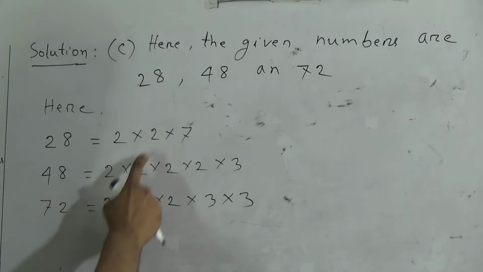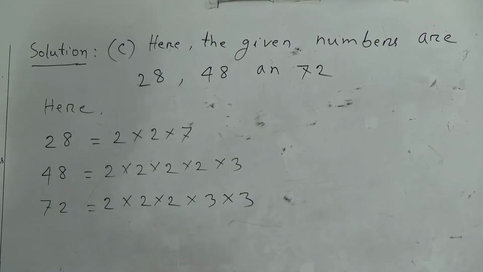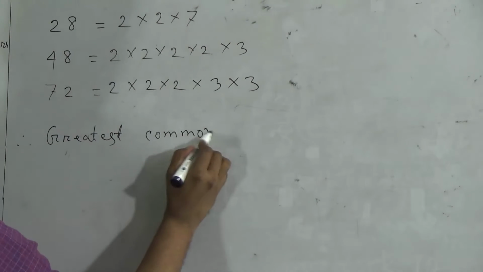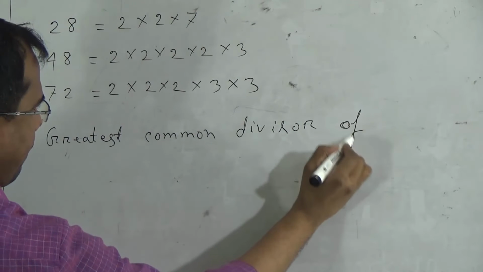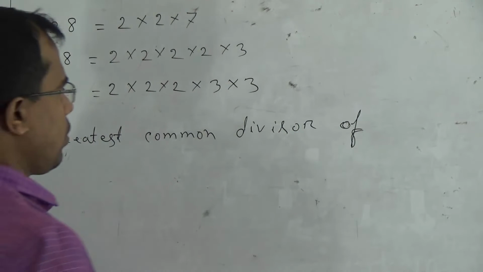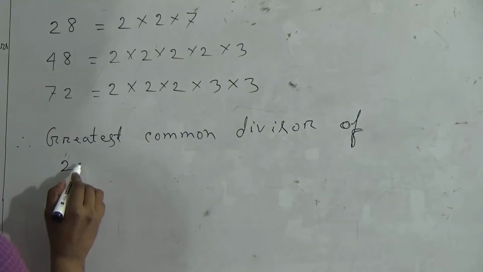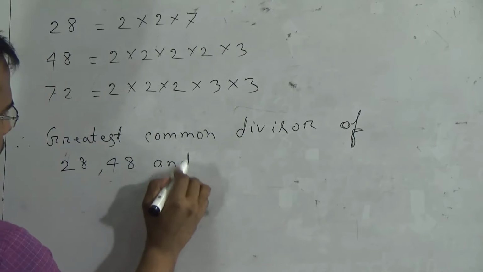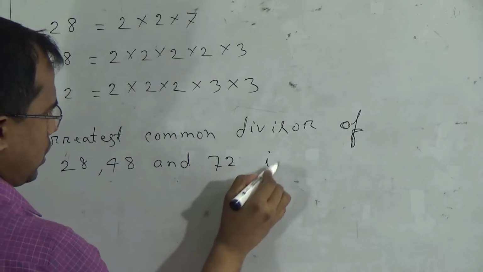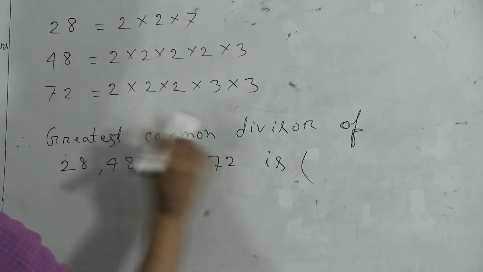So the greatest common divisor of 28, 48 and 72 is 2, 2, 2 and common.